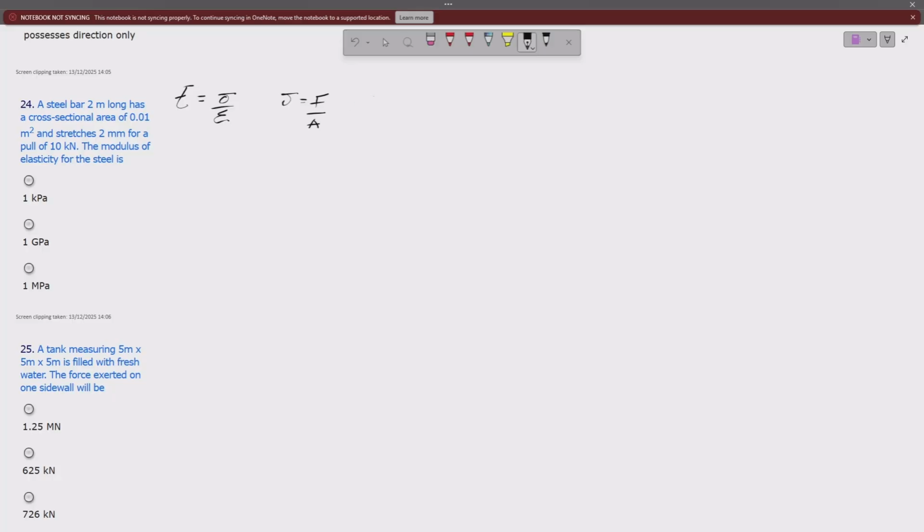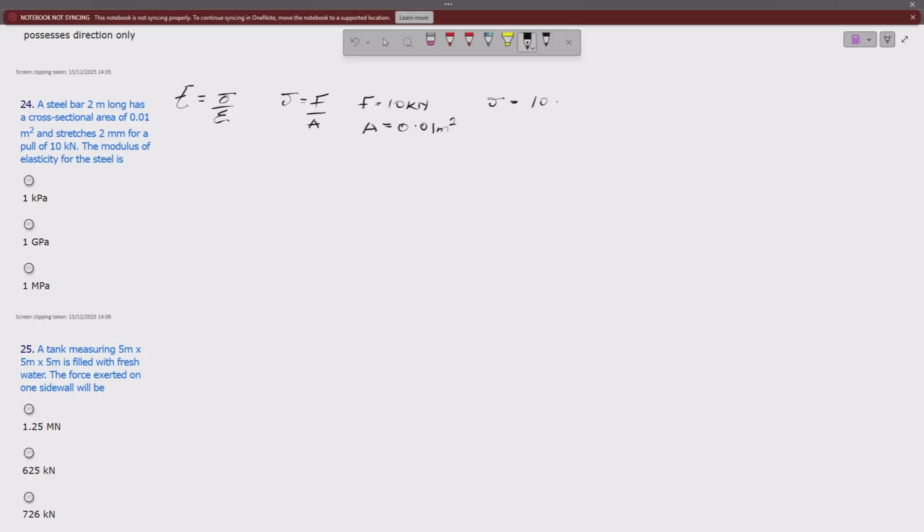Now we've been given the force to be 10 kilonewtons and the area equals 0.01 meter squared.